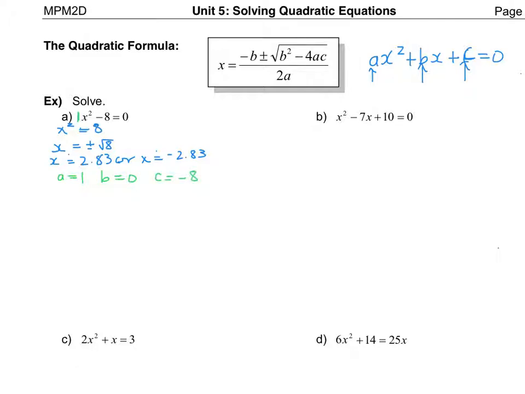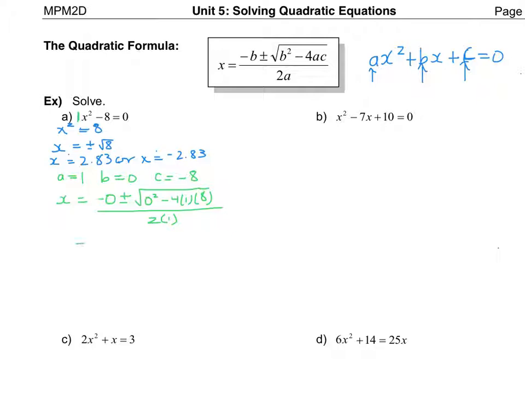If I take my quadratic formula and substitute my values in, I get x equals negative b, or negative 0, plus or minus the square root of b, which is 0, squared, minus 4 times a, which is 1, times c, which is negative 8, all divided by 2 times my a, which is 1.